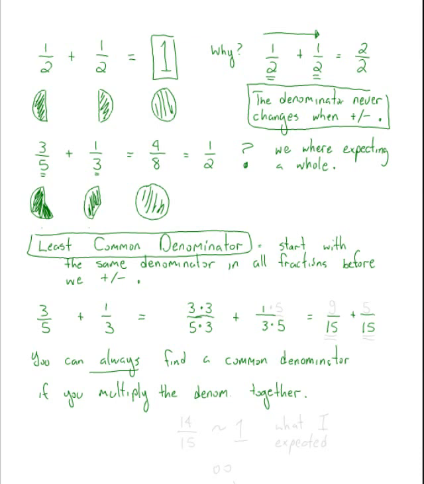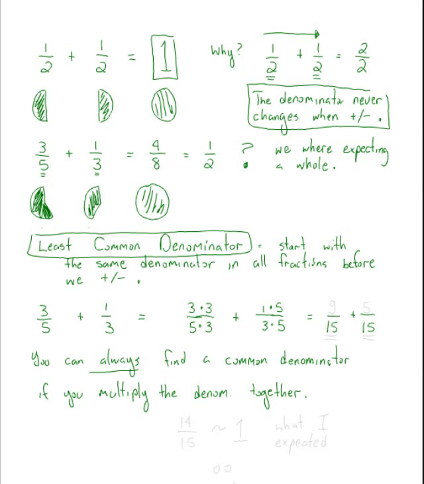And over here, because I multiplied by 5 on the bottom, I have to multiply by 5 on the top. Why is that? Because 3 over 3 is 1, and 1 times 3/5 is still 3/5. And 5 over 5 is just 1, and so 1 times 1/3 is still 1/3.